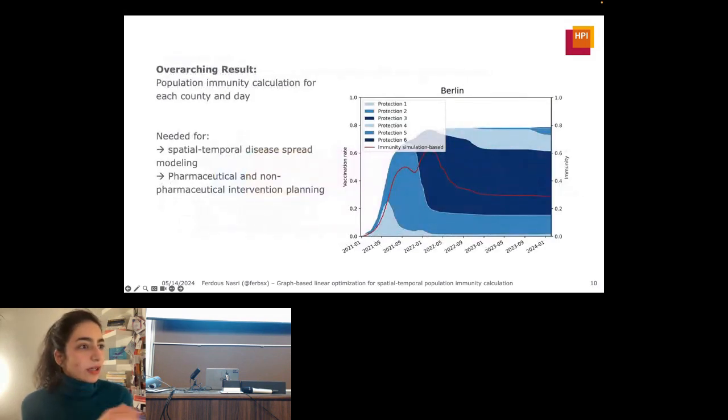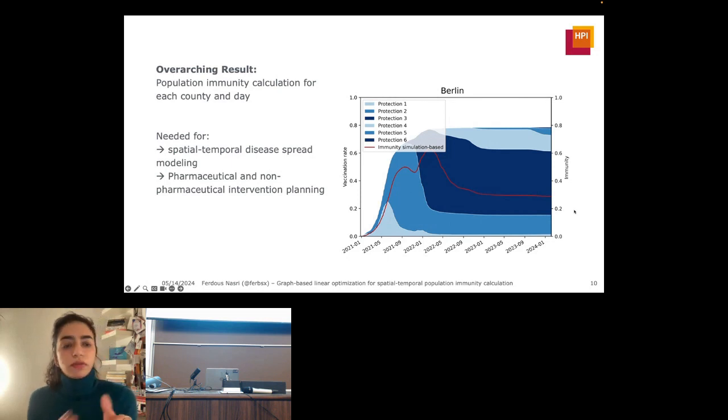And this is the overarching result that we got. So just as an example, this plot here shows for Berlin and the 6 vaccines that were administered there. You can see with the curves the level of vaccines that were given for a certain time in Berlin, and the immunity that is then caused by those and how it wanes over time, also leading to recoveries and so on.